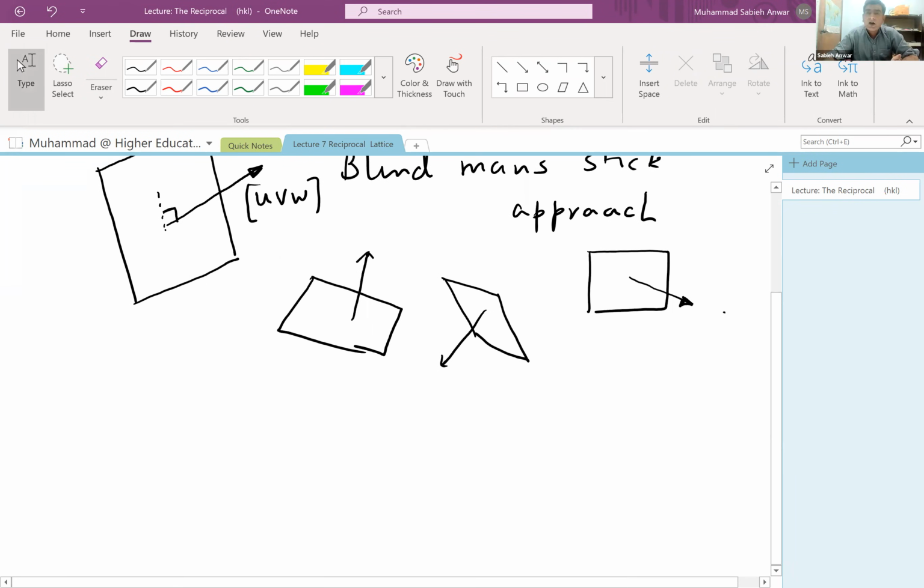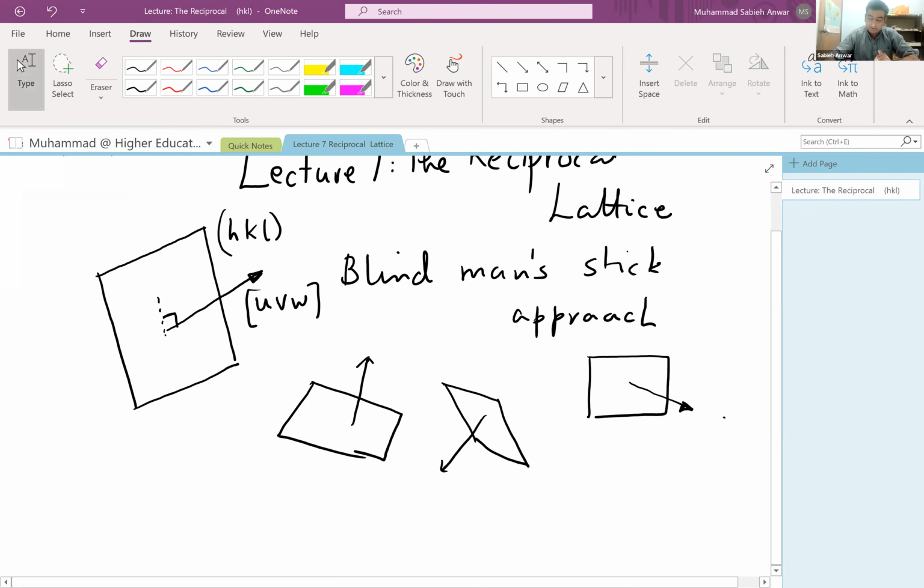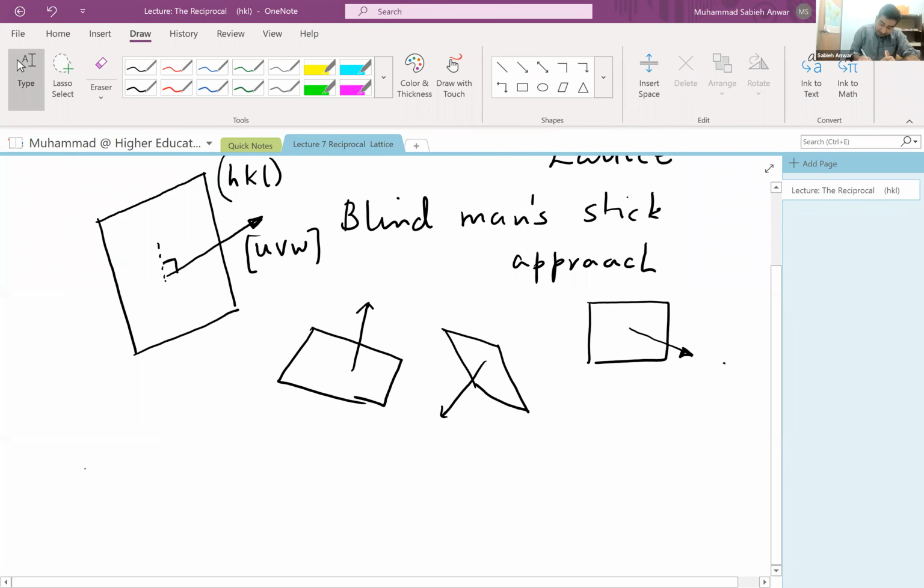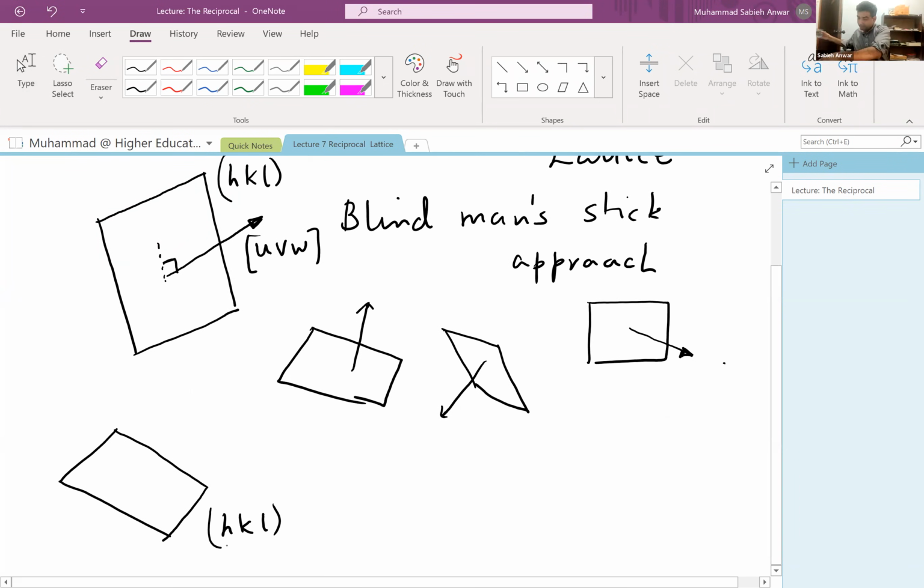Now, what are the directional indices of this normal vector given a plane hkl? It's quite straightforward to understand that if I have a plane (hkl) in parentheses, then a vector with direction [hkl] in square brackets will be normal to the plane.